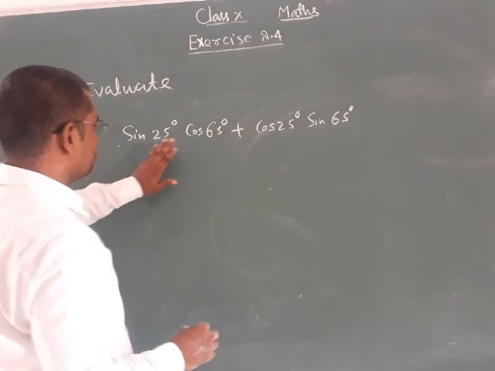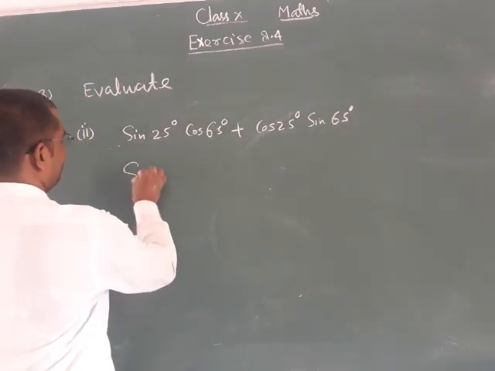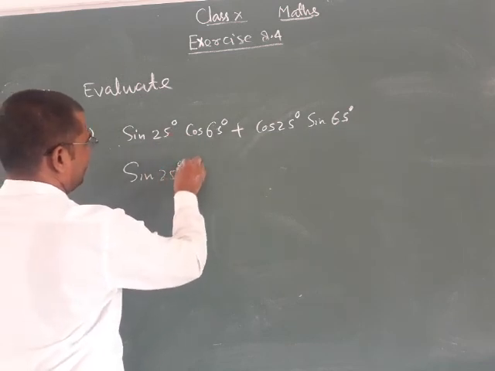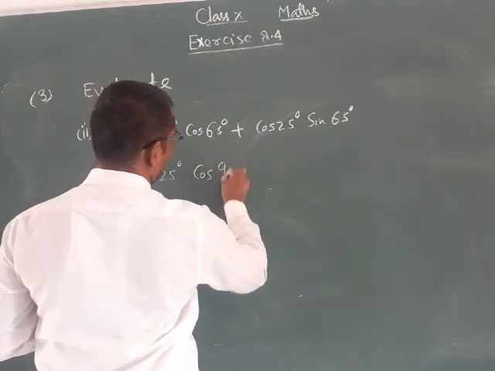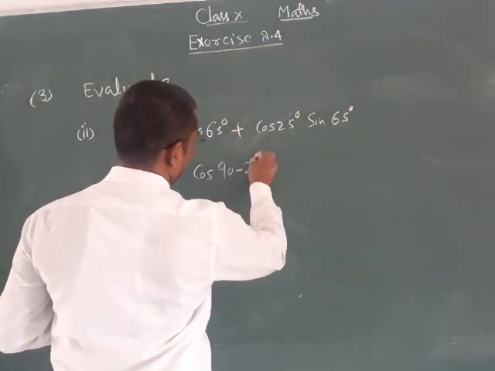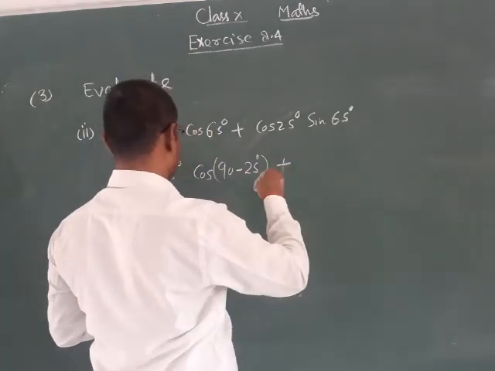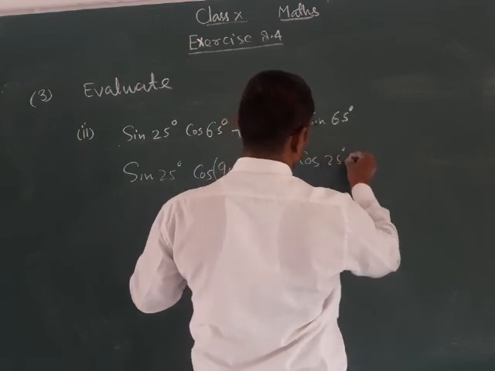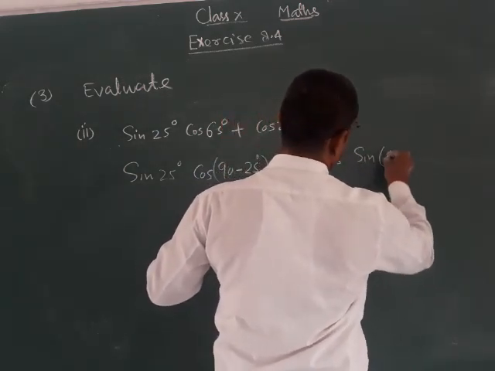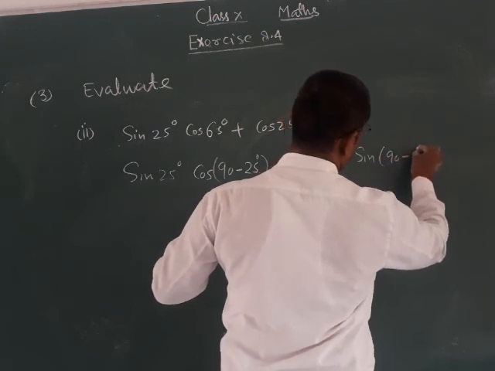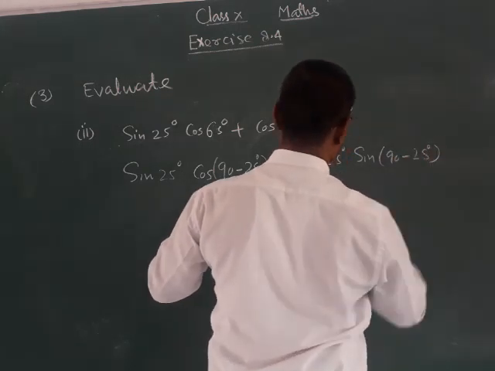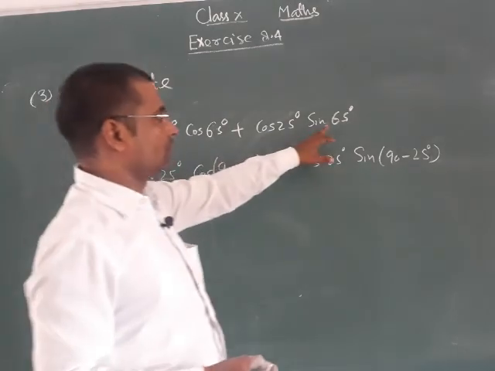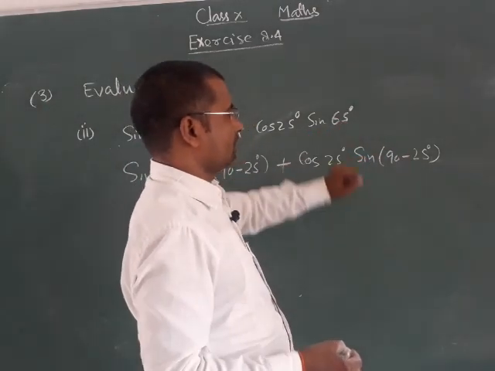So also you can change, so sin 25 degree and also cos 90 minus 25 degree, and plus cos 25 degree, so sin 90 minus 25 degree. So 90 minus 25 gets 65, and also 90 minus 25 gets 65.